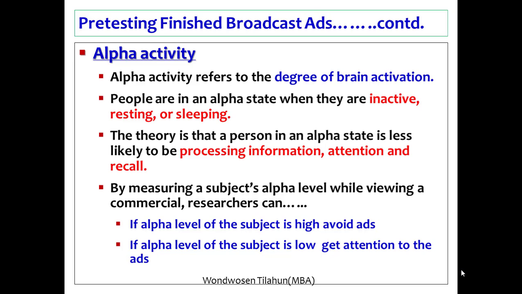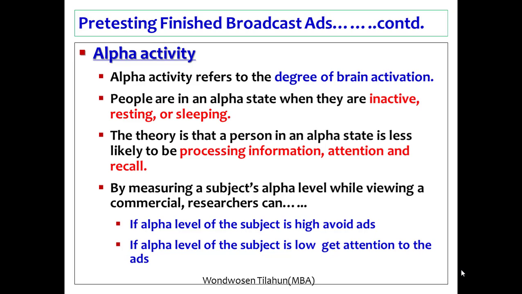The other case is, after we undertake this, which means exposing them to the advertisement and measuring their alpha level, if their alpha level is very low, without any question, the customer is processing information. It also gets their attention and recall, which means they can process the information and recall it, because their mind is not in the inactive state.